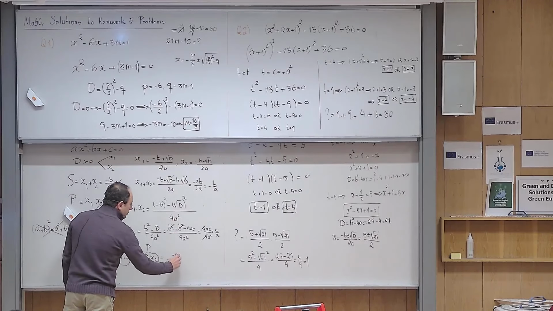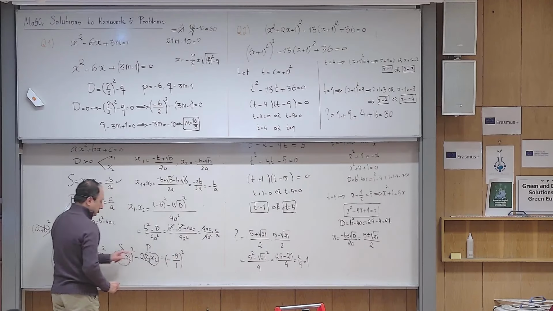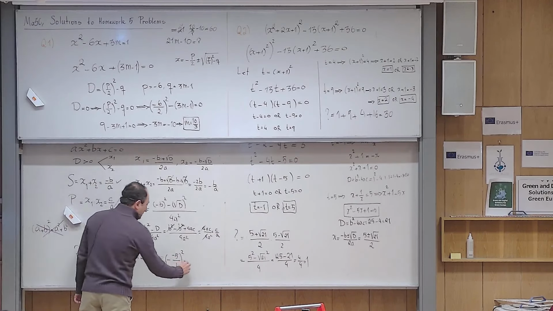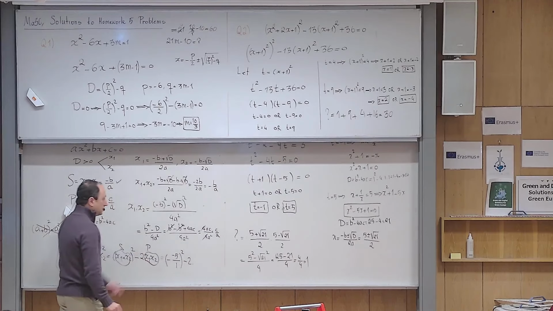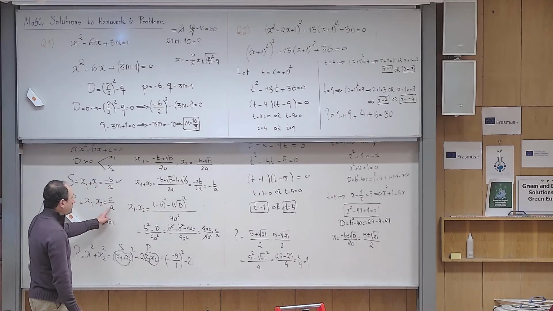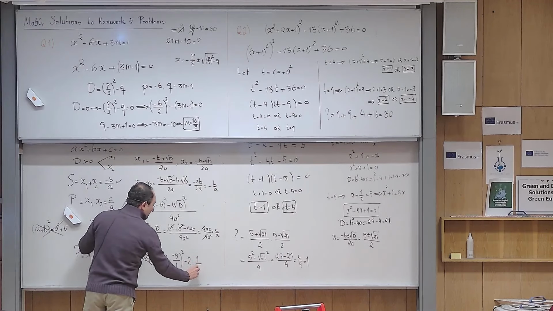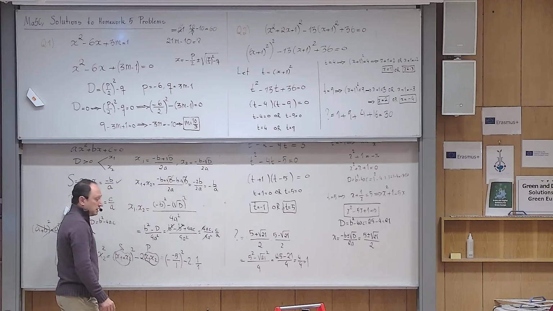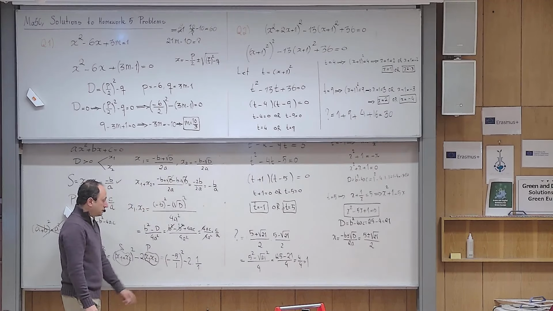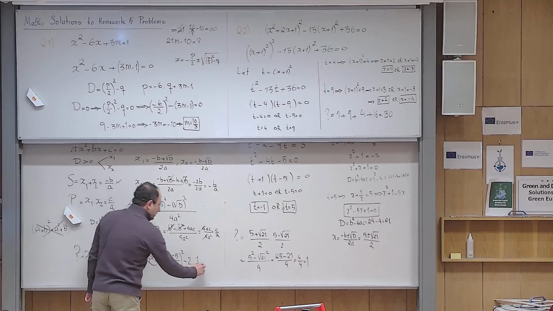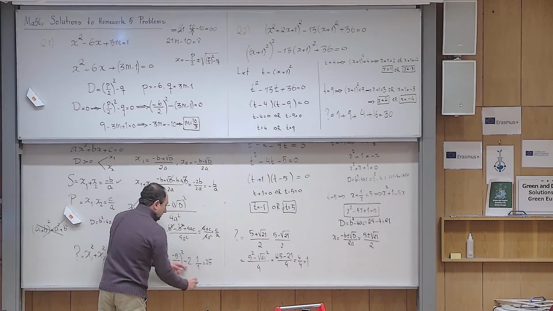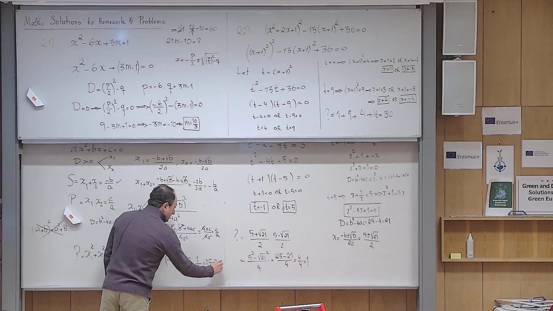Minus 5 over a to power 2. Minus 2 times p. What is p? P is c over a. What is c in that problem? 1. What is a? 1. So that's it. Minus minus positive. 5 to power 2, 25. And minus 2 is 20.